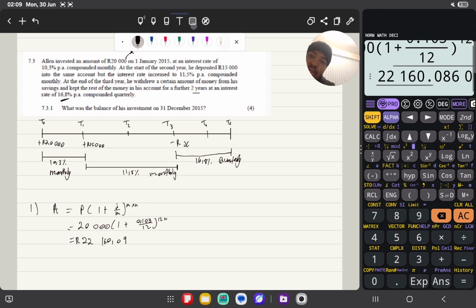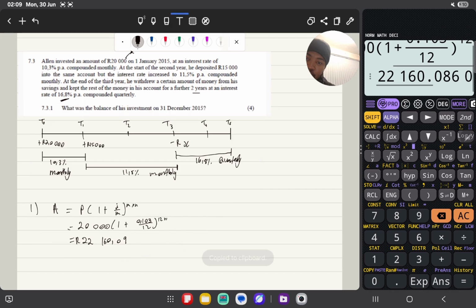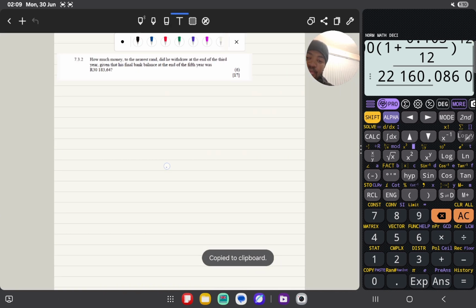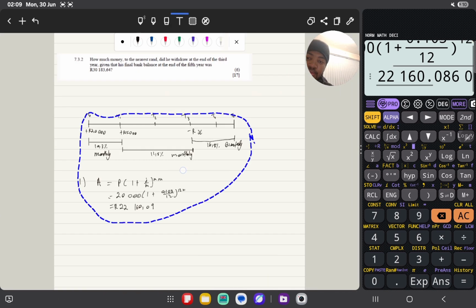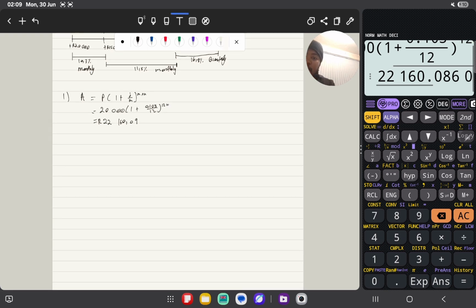I might need this value, so I will just take the whole calculation, maybe this thing as well. Copy. Yeah, and this will be number 2.